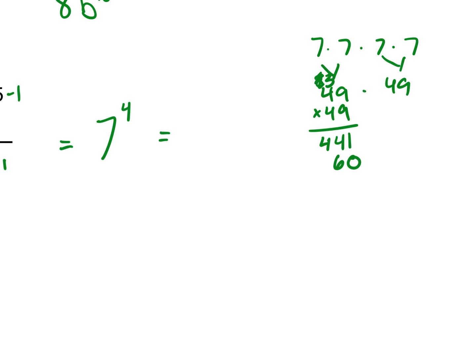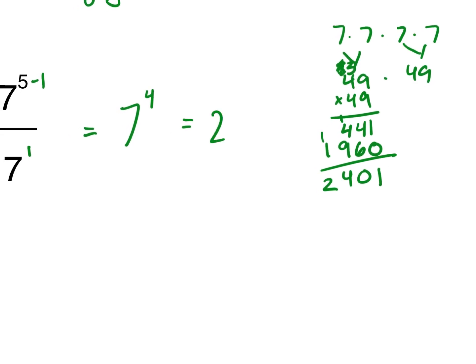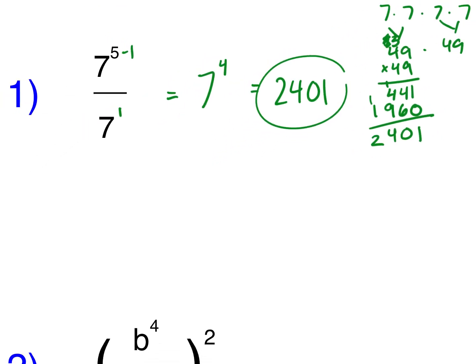And 4 times 4, 16 plus 3, 19. So we have 1, 10, bring the 1 up, this would be 14. So 2,401. So that would be our answer. Questions here?